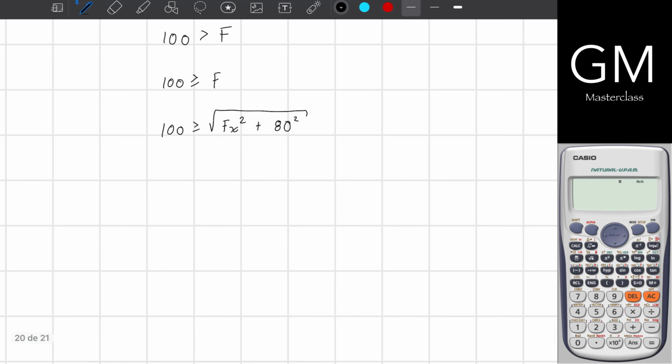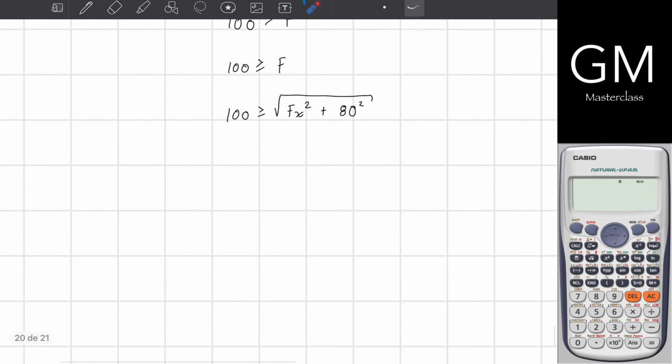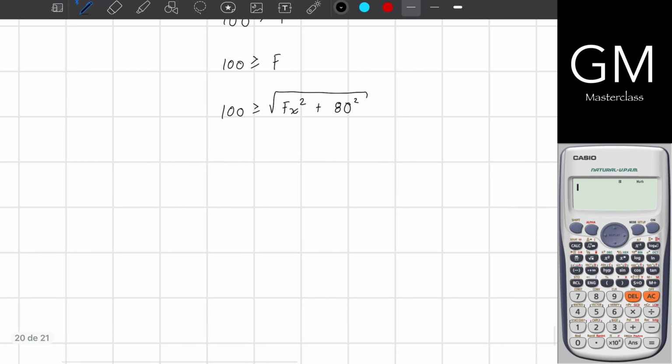So 100 squared is going to be greater or equal to Fx squared plus 80 squared.